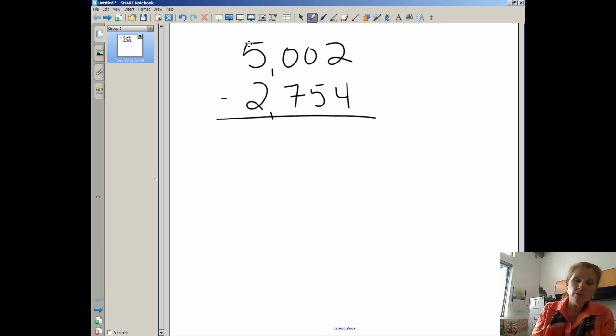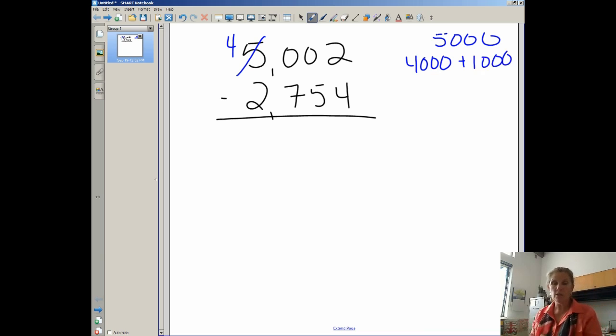So now I'm going to borrow, because I can't take 4 away from 2, but there's nothing in the tens place to borrow, there's nothing in the hundreds place, so I'm borrowing all the way over here at the thousands place. And so I had 5,000, and I'm going to have 4,000 left, and I'm going to take that other 1,000 and I'm going to break it up into these parts.